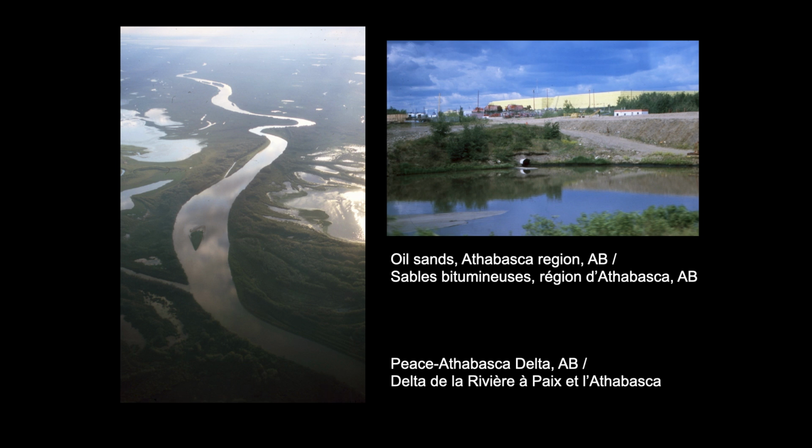On the left is an aerial view of the Peace Athabasca Delta in northern Alberta, the largest inland freshwater delta on the continent. The proximity of this delta to the oil sands operations has raised concerns about water quality and quantity in this crucial water system. The volume and complexity of the oil sands industry impact vast areas of the province.